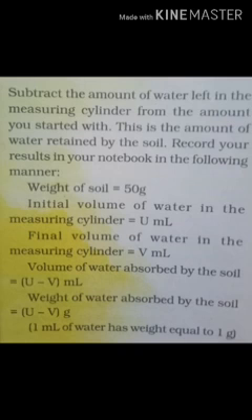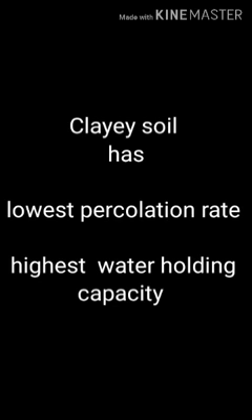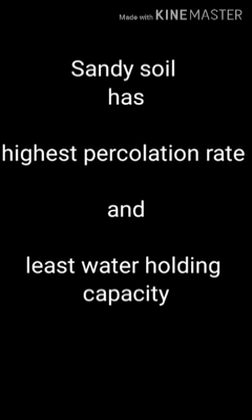You will get the volume of water absorbed by the soil, which is equal to the weight of the water absorbed by the soil. You will see that clay has the least percolation rate and highest moisture holding capacity, whereas sandy soil has the highest percolation rate and least moisture holding capacity.